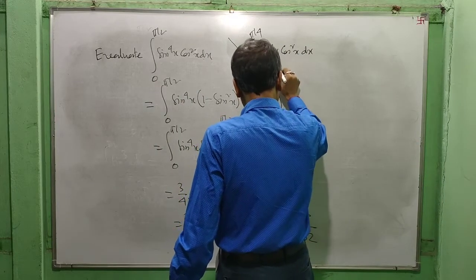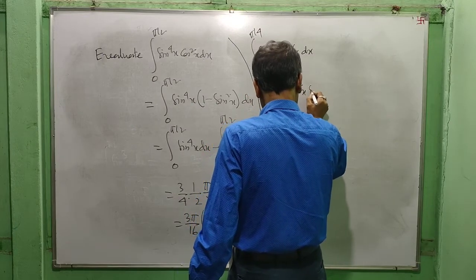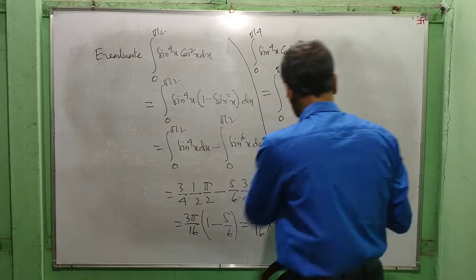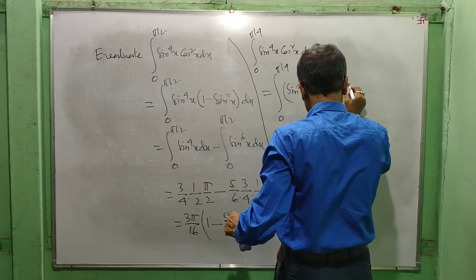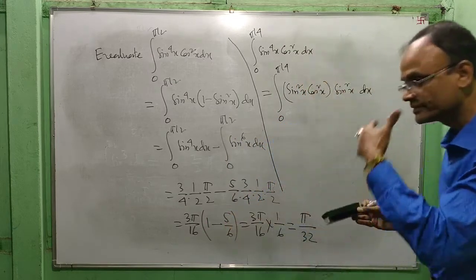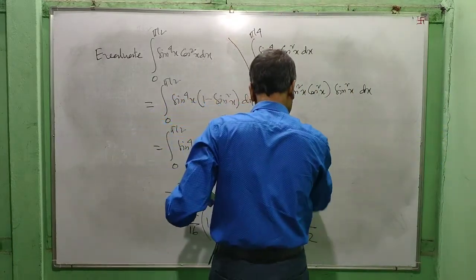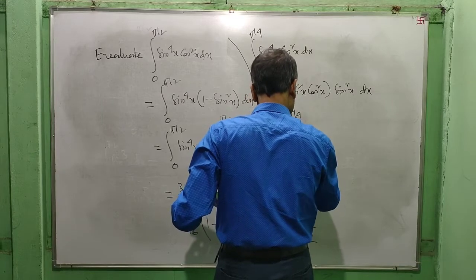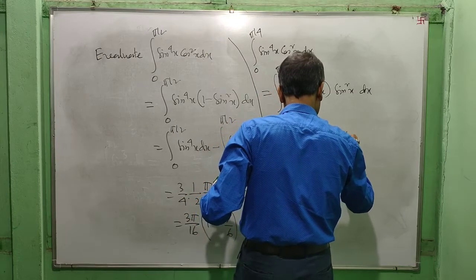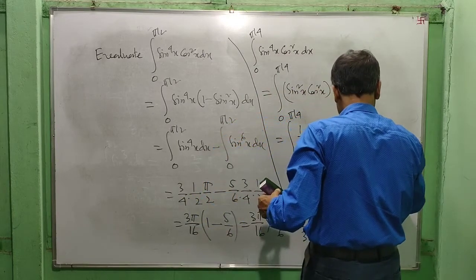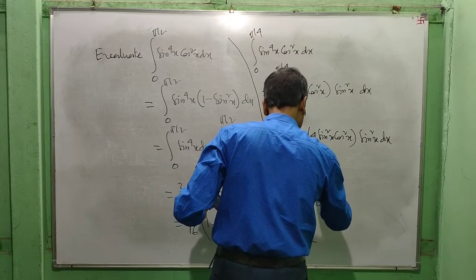For this, you may write the integral from 0 to pi by 4 of sin square x into cos square x into sin square x. You may write it like this: 1 by 4, 4 sin square x cos square x into sin square x dx. 1 by 4 can be taken outside the sign of integration.